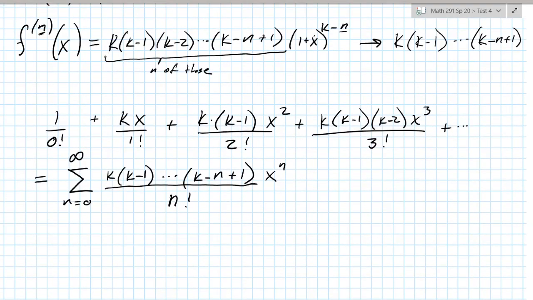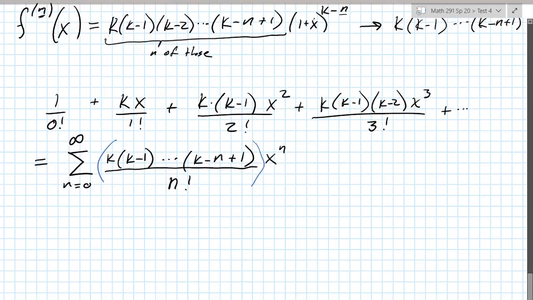Now, if you've had some statistics previously, you may have said, you know, this right here looks familiar. This is called the binomial coefficient, or sometimes we'll write it k choose n, or sometimes we call it a combination.